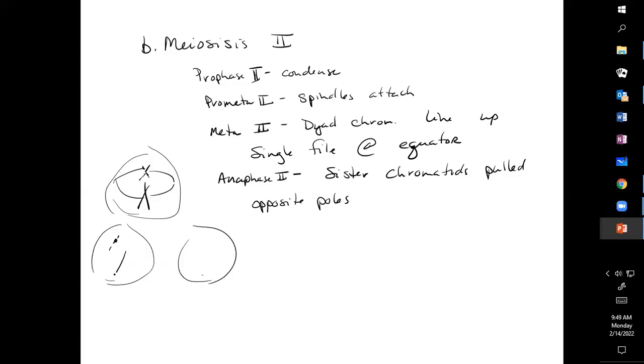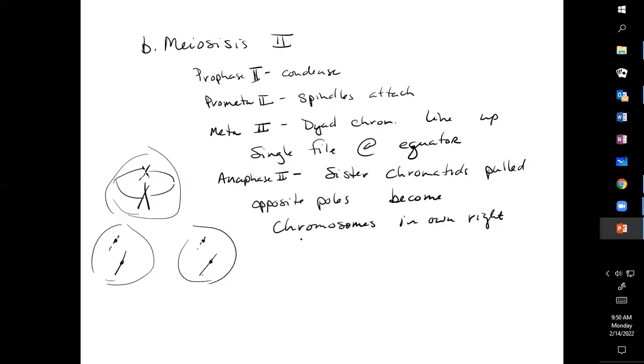So they get pulled apart, and then this one's going to get the same identical content. The sister chromatids get pulled to opposite poles, and they become chromosomes in their own right. So they were sisters when they were together, but once you pull them apart, they become chromosomes.